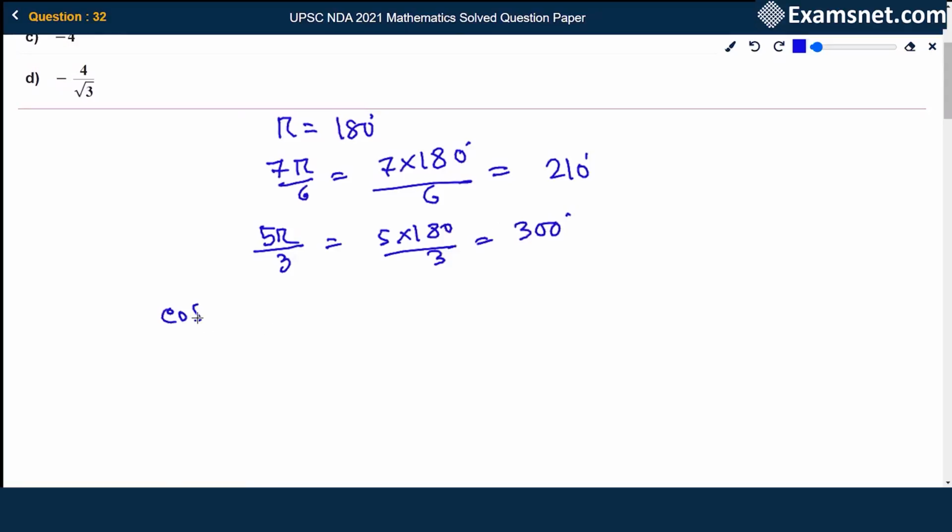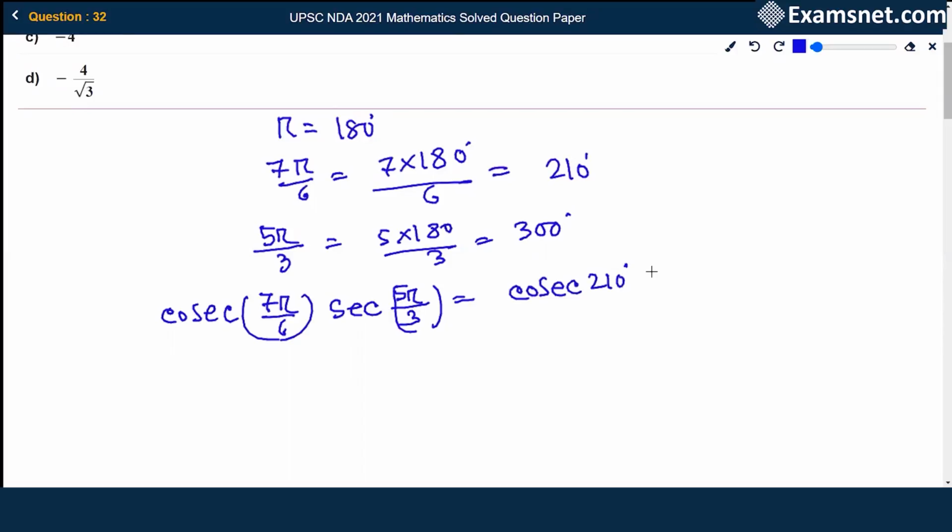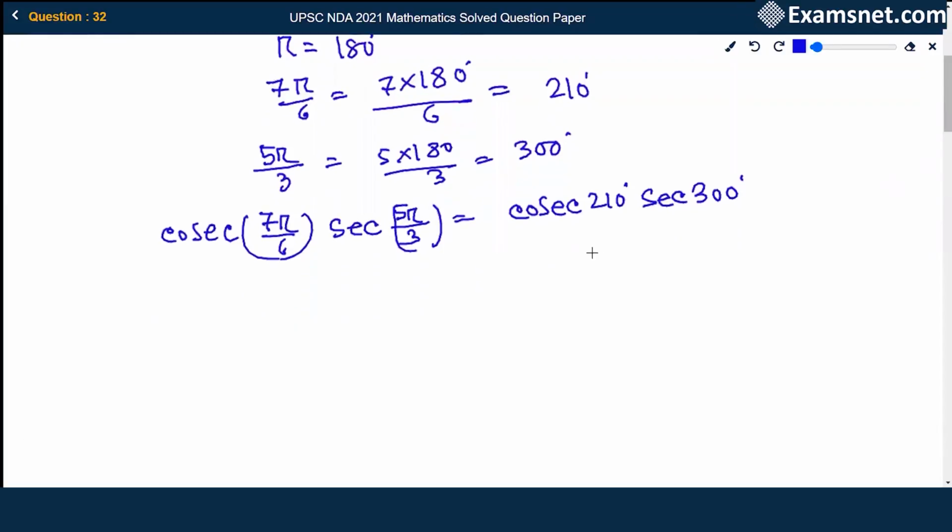So the expression cosec 7 pi by 6 and sec 5 pi by 3 becomes cosec 210 degrees, sec 300 degrees. So here, how can we break this 210? 210 degrees can be written as 180 degrees plus 30 degrees, correct?